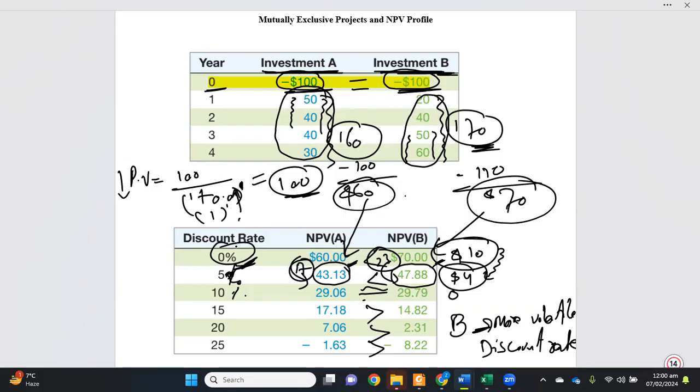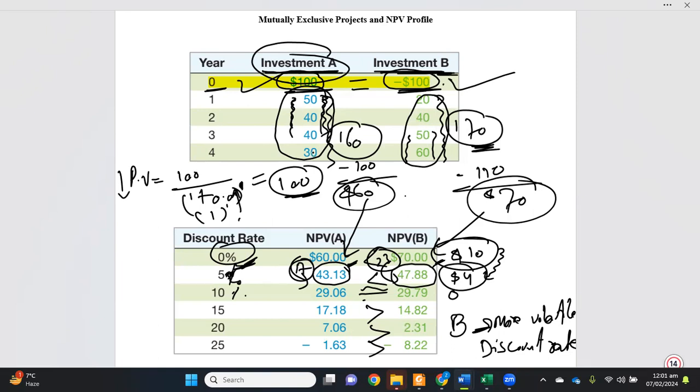We have seen that at low discount rates, this project was profitable, but as we increased the discount rates, investment A turned more profitable in comparison to investment B. And this is only because of the pattern of the cash flows, that major cash flows of investment A are coming in earlier years. So this is the aspect we call mutually exclusive projects with different cash flow patterns.